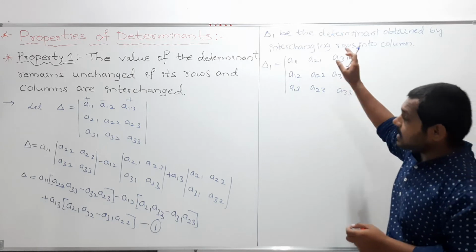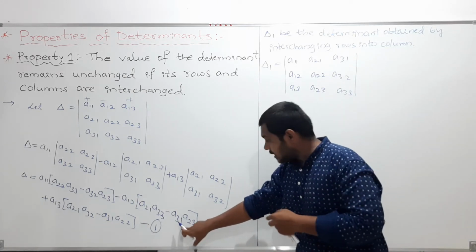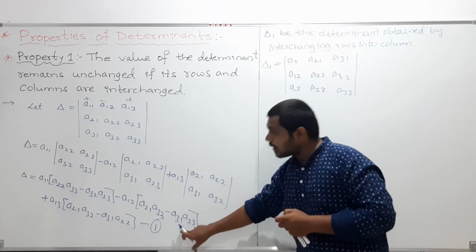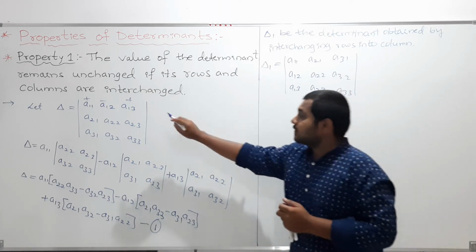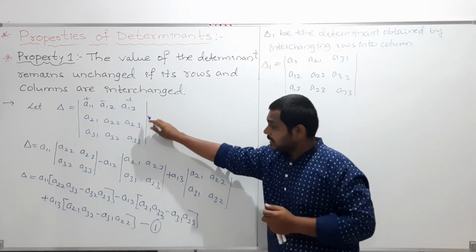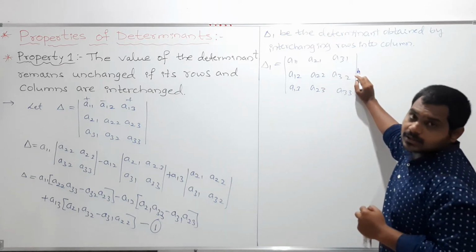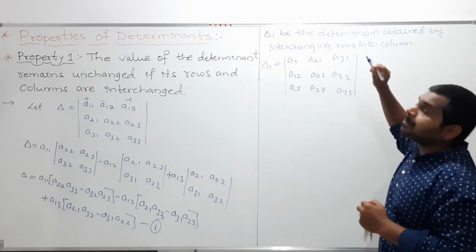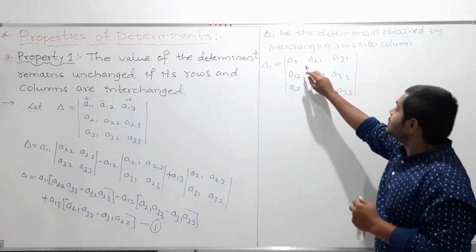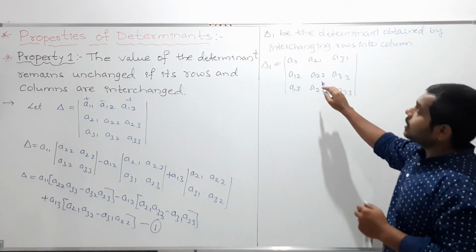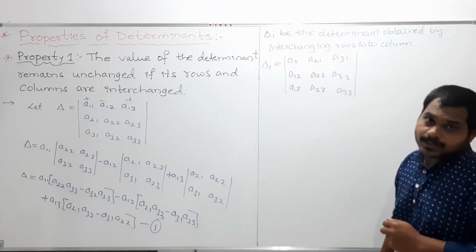After solving this, if I get the same value as whatever I got here, then we can say that if I solve this determinant, the same answer I will get as for this determinant also, which is nothing but interchanging rows into columns. Clear?